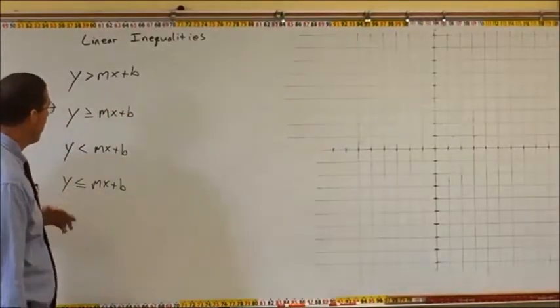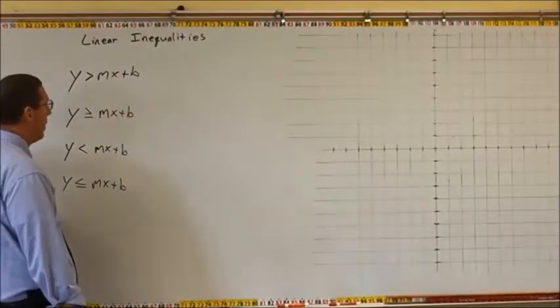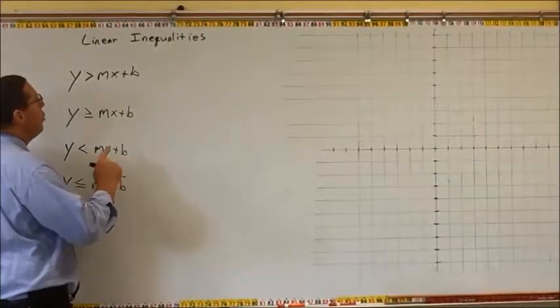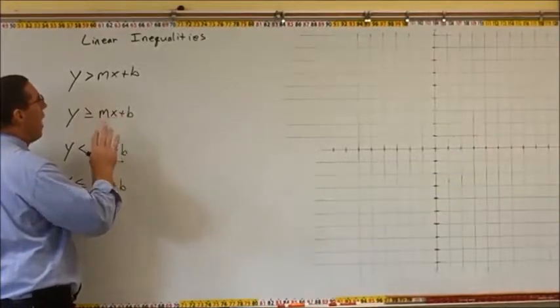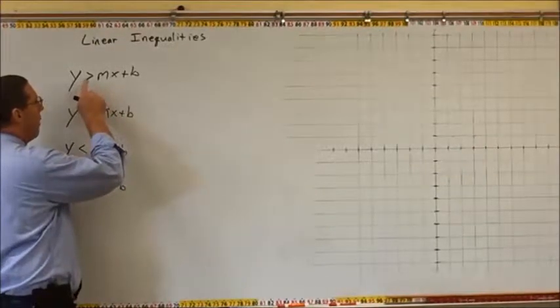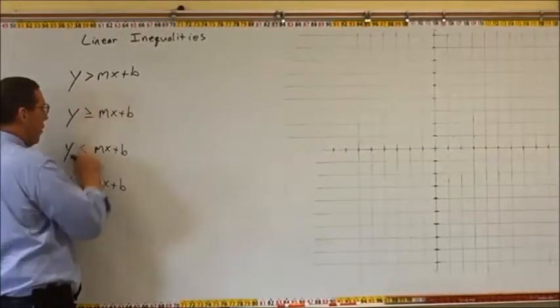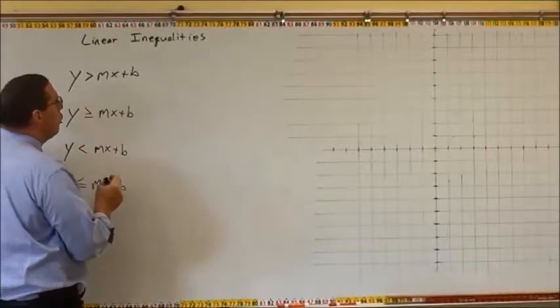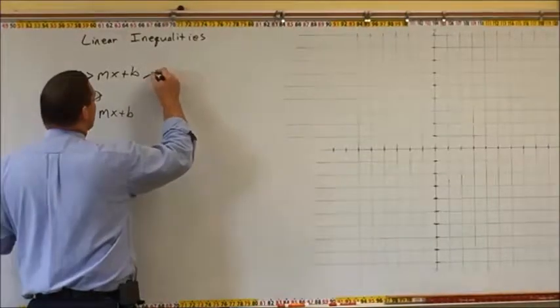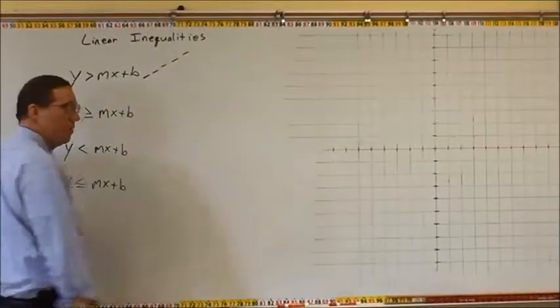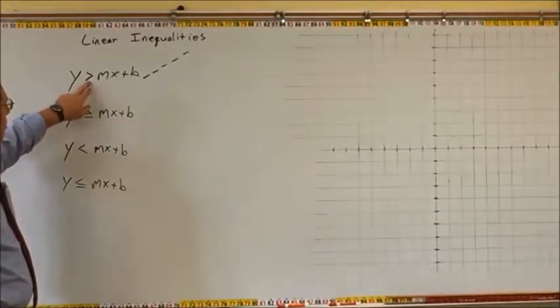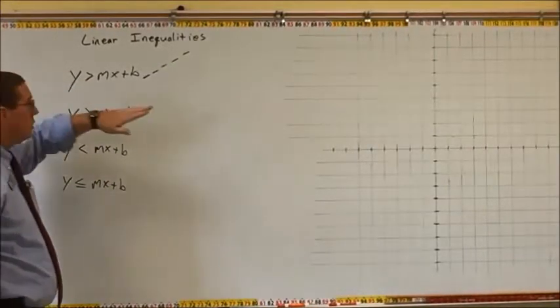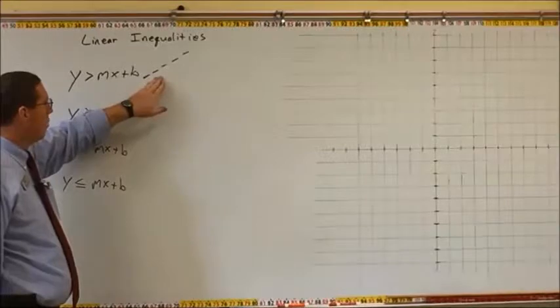Now, you may remember this, maybe you learned this before, but I'm going to remind you. When you are drawing the line for a greater than or a less than, one that does not have an or equal to, you draw a dashed line. So the y is greater than would be a dashed line.